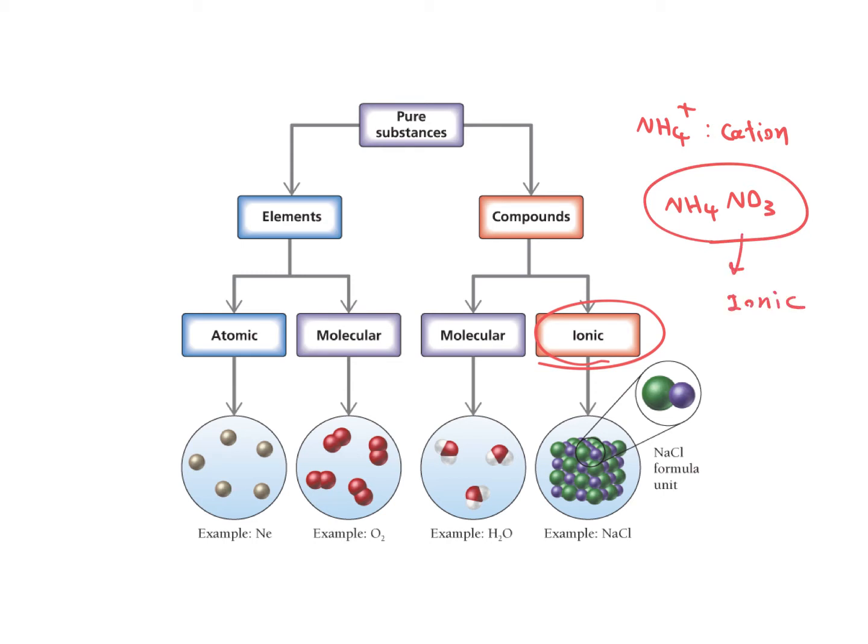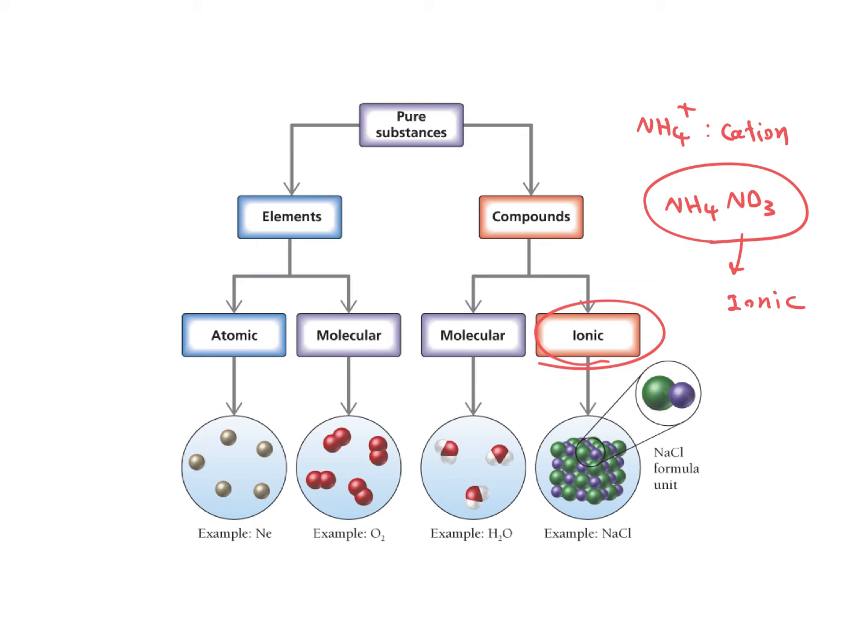This compound is still ionic, but it doesn't have a metal. So the general definition of ionic compounds is compounds that have one or more cations plus one or more anions, okay? But 99% of the time, they are metals plus nonmetals. So if you see a metal in your compound, necessarily you have an ionic compound.